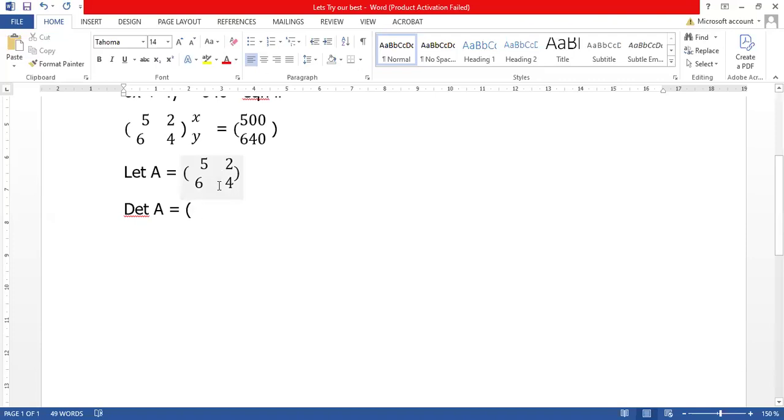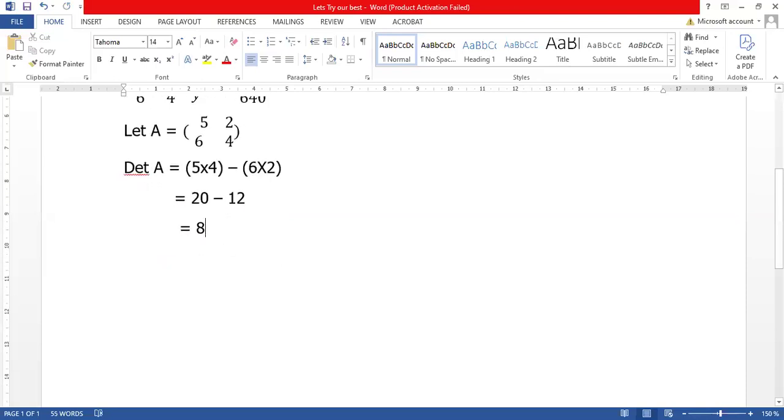You multiply the major diagonal, then you subtract the minor diagonal. So 5 and 4 are on the major diagonal, so you get 5 times 4. Then you subtract the figures on the minor diagonal, that is 6 and 2, so you get 6 times 2. This is 20 minus 12. What do you get? It will be 8. So that is your determinant.